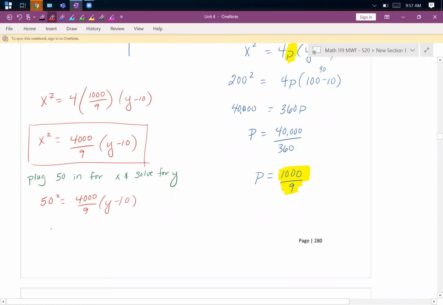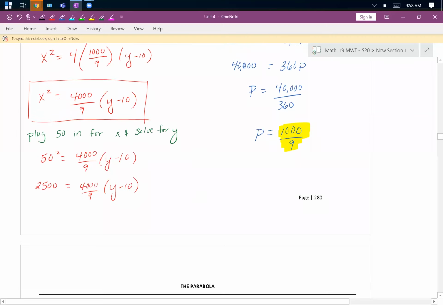That's 2,500 equals 4,000 over 9 times y minus 10. Dividing both sides by 4,000 over 9, it actually, believe it or not, turns out to be a relatively decent number. I multiplied by the reciprocal, and you actually get 5.625, which is crazy that we get something decent.